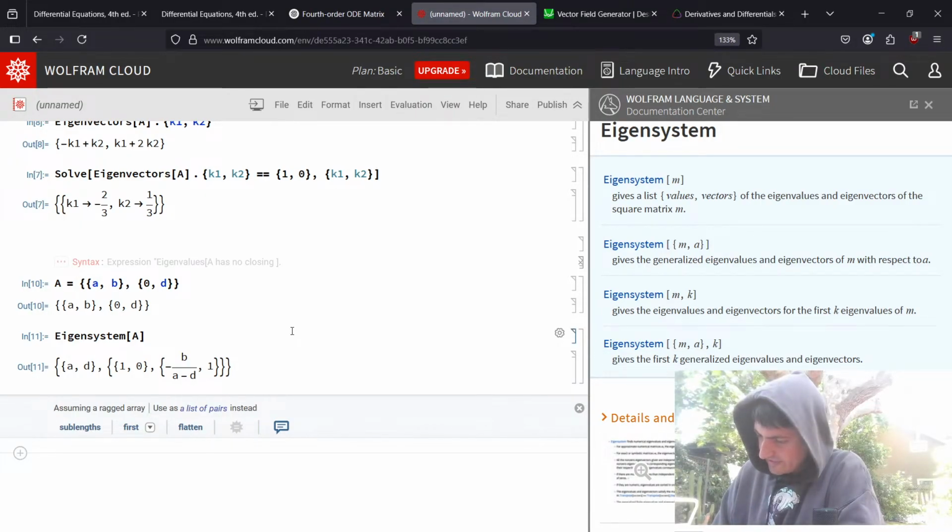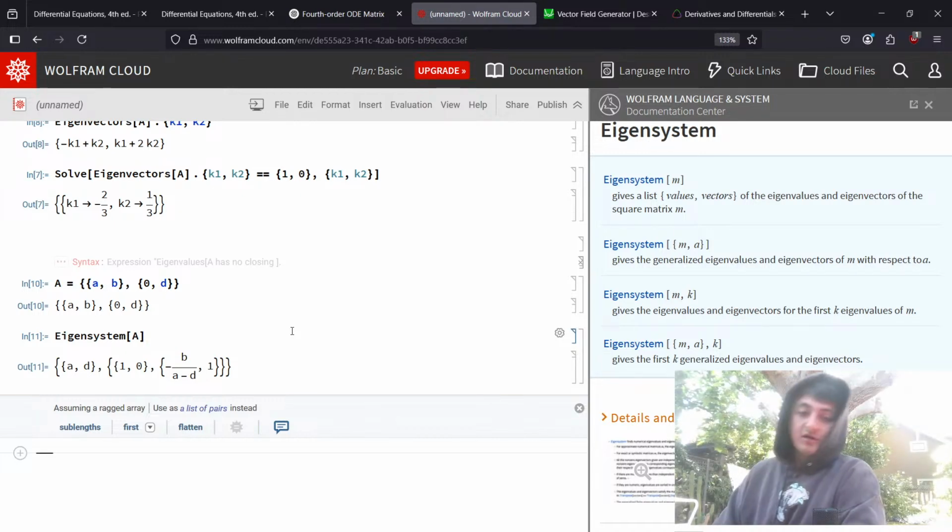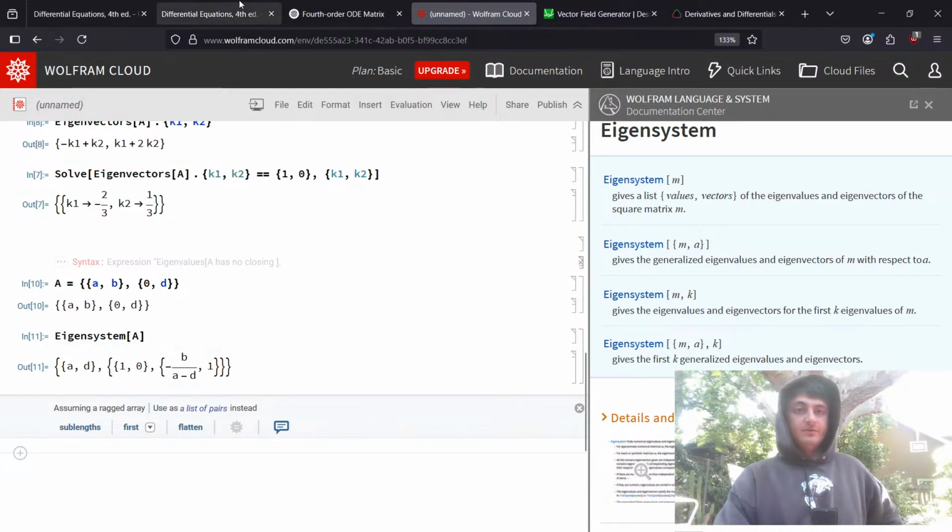What is it? It's going to be ax plus by is equal to dx. Oh, not dy. Yeah, I factored it wrong. So then it's going to be d minus a times x is equal to by. Okay, all right, cool. So yeah, this is what it is.